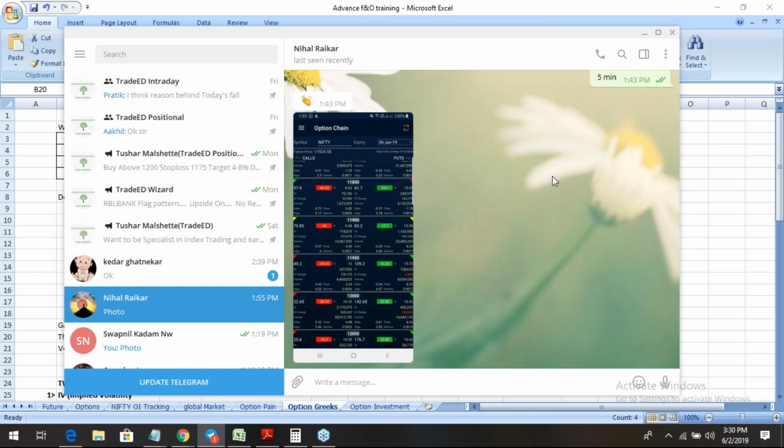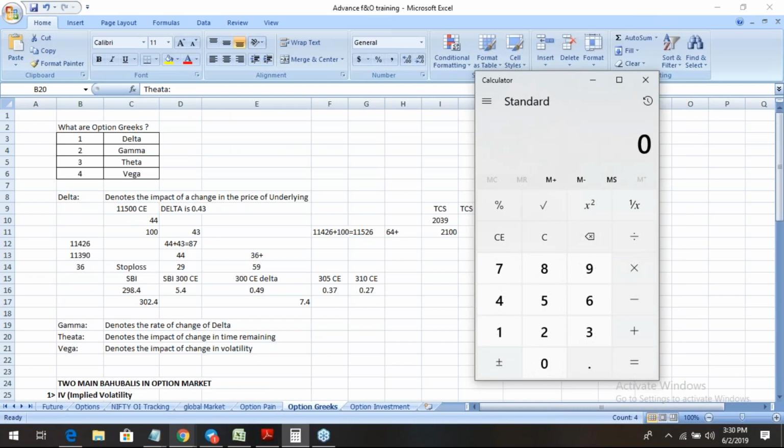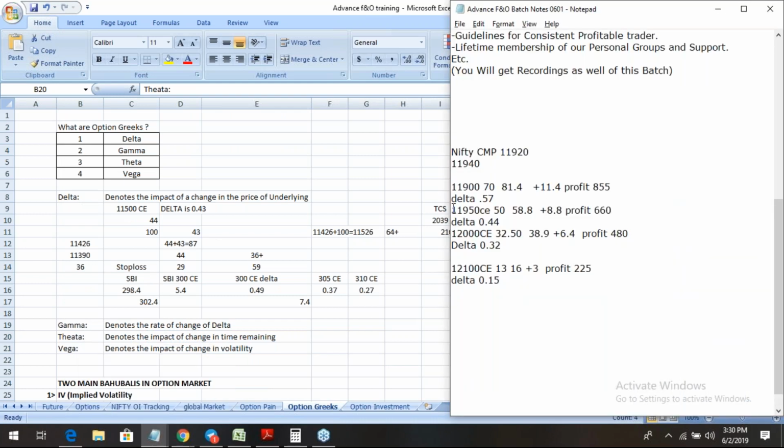Because see what my psychology says. Now I'll tell you something about psychology. If you're buying any options, your premium is 50 rupees, right?